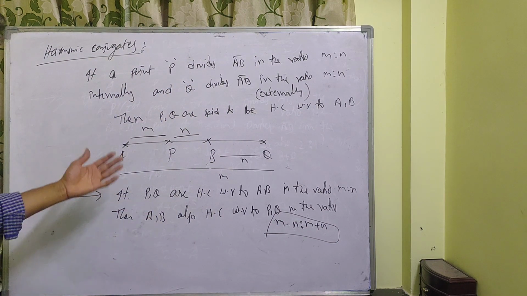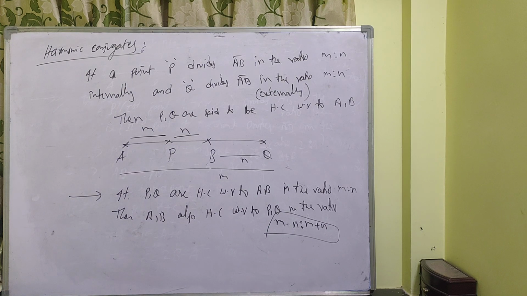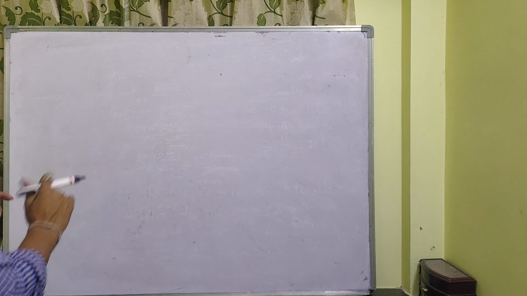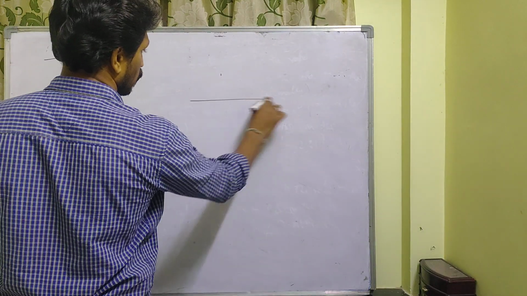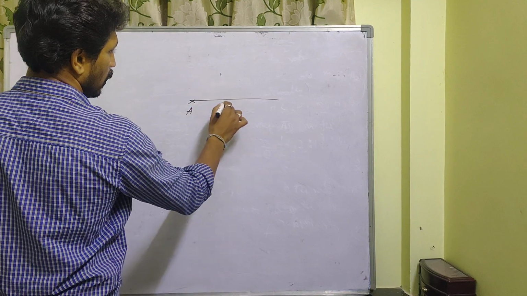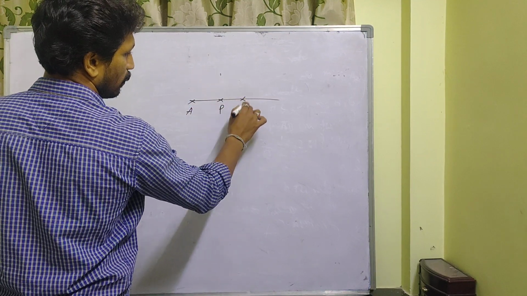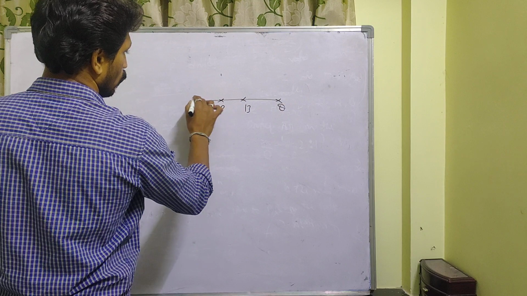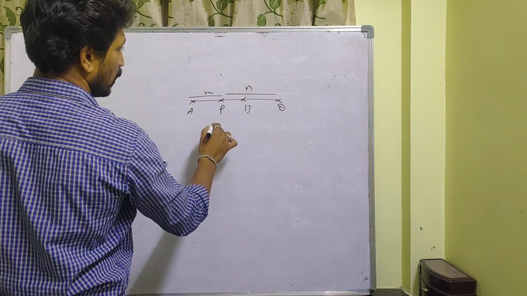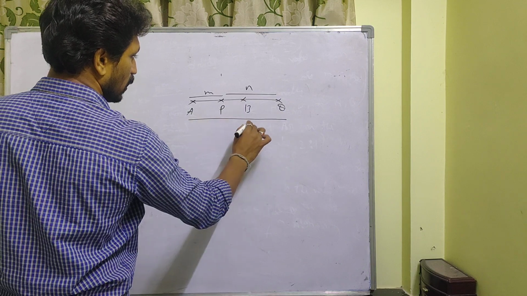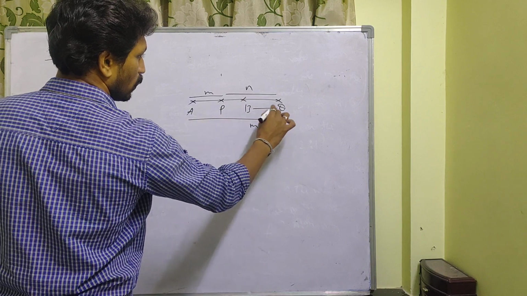Based on this, you see some problems. Already we discussed A, P, B, Q. So this is m is to n internally, and this will be externally m is to n.